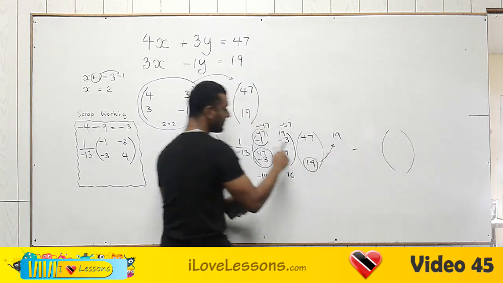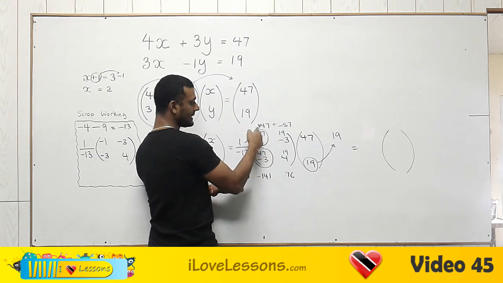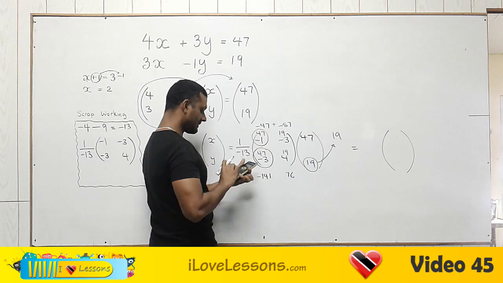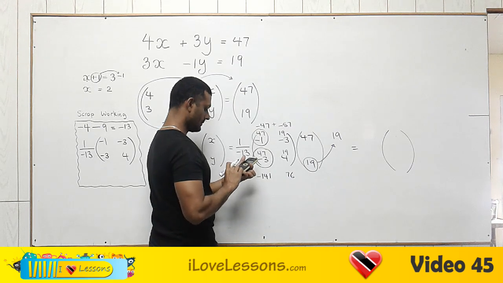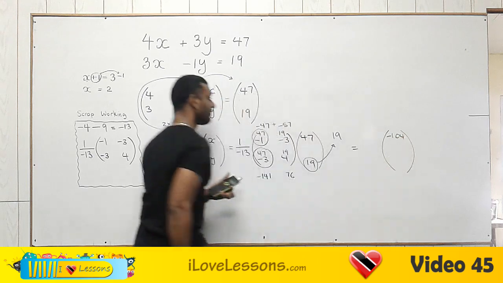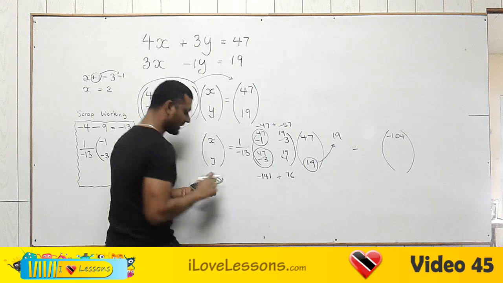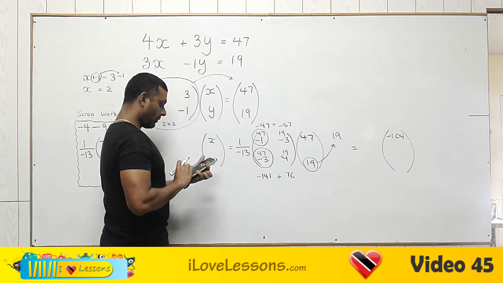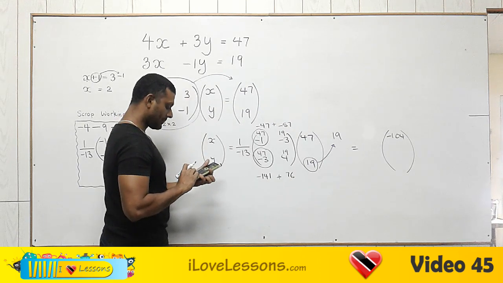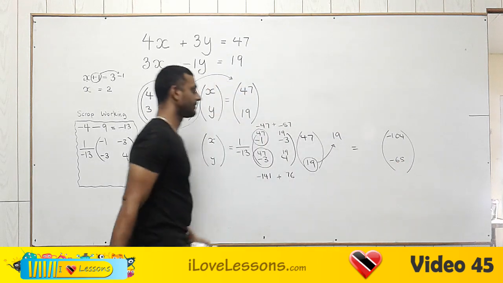The answer on top, we have to add the two answers on top. So, minus 47 plus minus 57 will give me minus 104. To get the number underneath, we add the two answers we got underneath. Negative 141 plus 76 is minus 65.